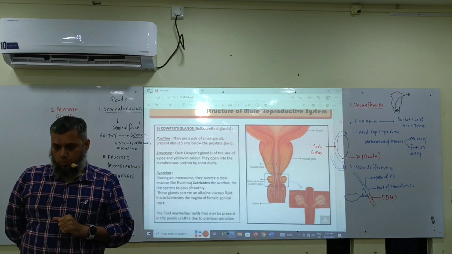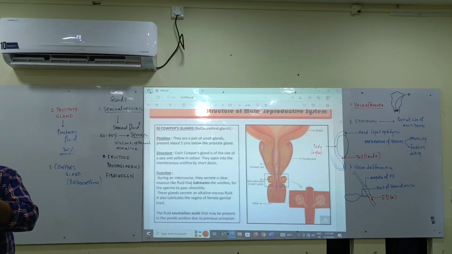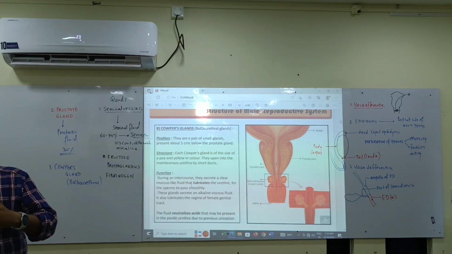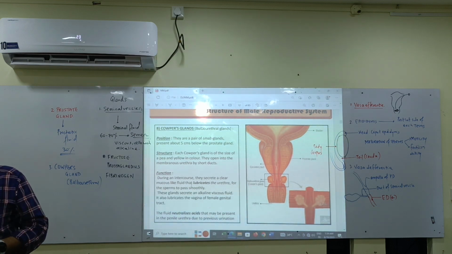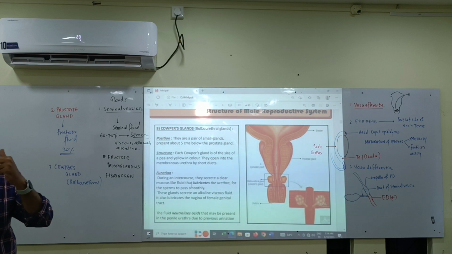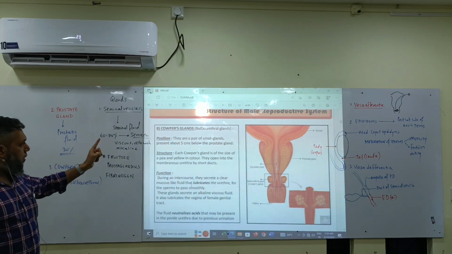Now one thing you should know. During the male sexual act, it means that during copulation. Okay? When the man is sexually aroused. The first fluid to come out is the fluid of the Cowper's gland.